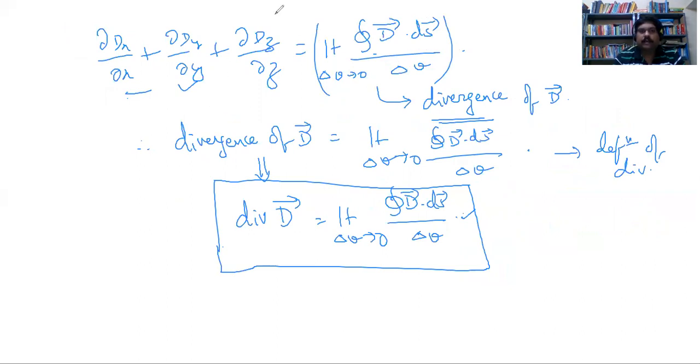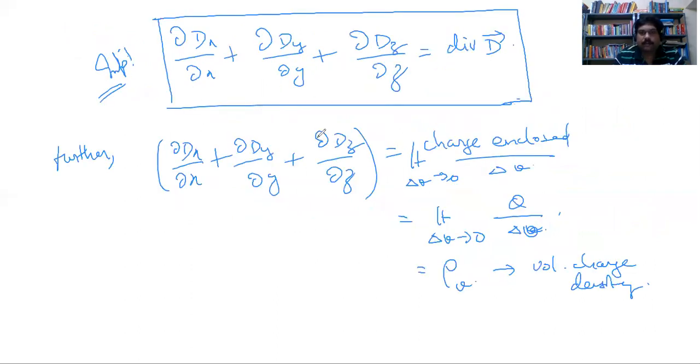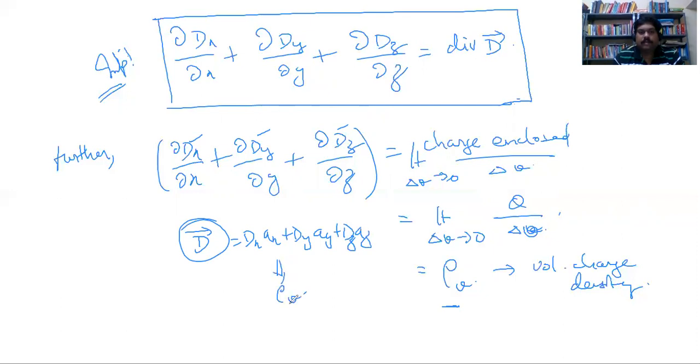Now, what is the use of taking divergence? We know that if we take divergence of a vector, or in this case, divergence of flux density D, then we can find out the total volume charge within that particular volume delta V. Okay, so in other words, if you know only the flux density D, which is Dx ax plus Dy ay plus Dz az, we can find out the total volume charge present within that specified small volume.